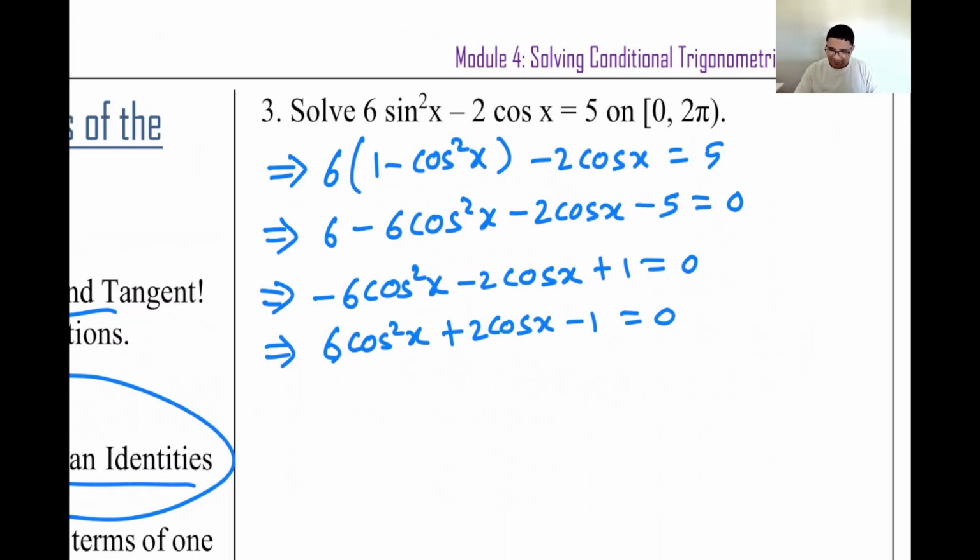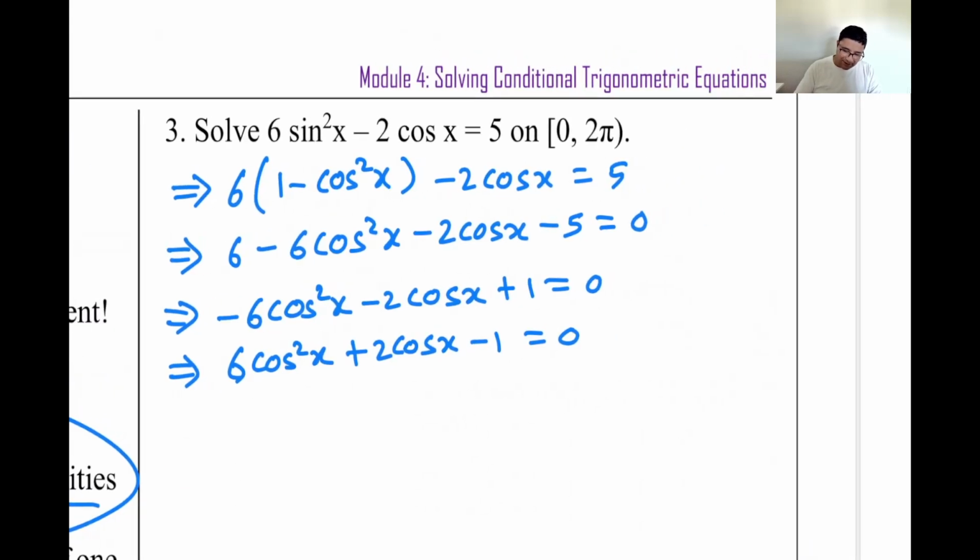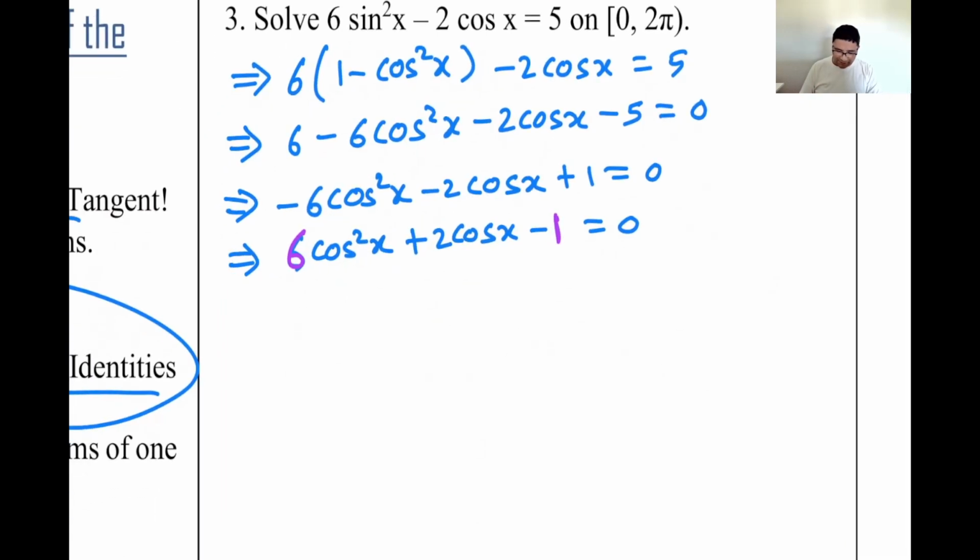But if anybody is interested in factoring and is looking for a hint, the product should be 6, right? 6 times 1, and the difference should be 2, the middle coefficient. Okay. Think of two numbers. The difference is 2, product is 6. Do we find that? Okay. If you don't find it, then there's no factoring. I might have misspoken. I was thinking there is a factoring possible, but may not be. I don't know. Let's go with the quadratic formula.